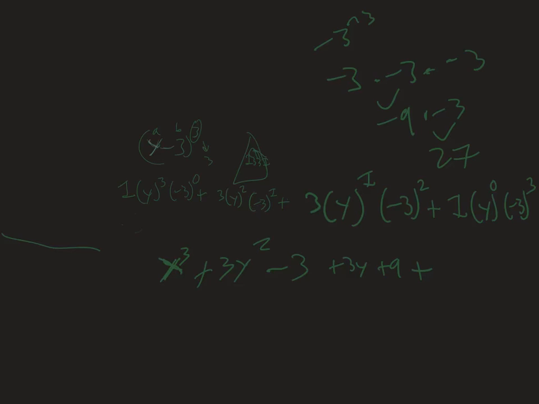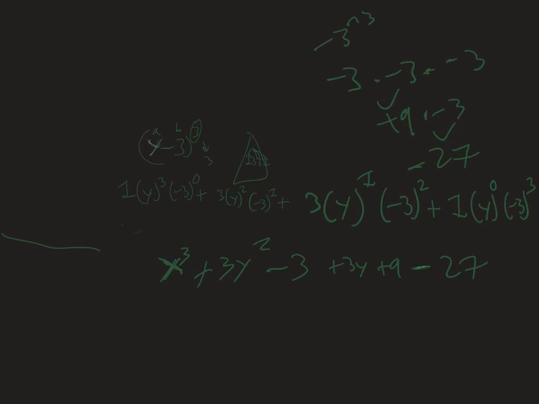Negative 3 times negative 3, that's plus 9, sorry. So that's going to be negative 27.